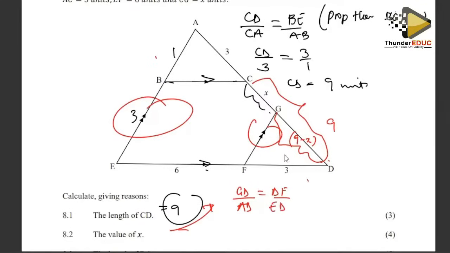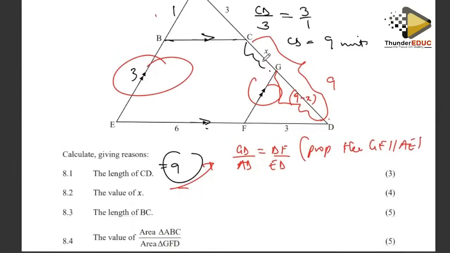We're going to still use the same proportionality theorem. GF is parallel to AE. So let's substitute that, and we have our 9 minus X over the total distance, which is 12, is equal to 3/9. Cross multiply, and let's see what we get.